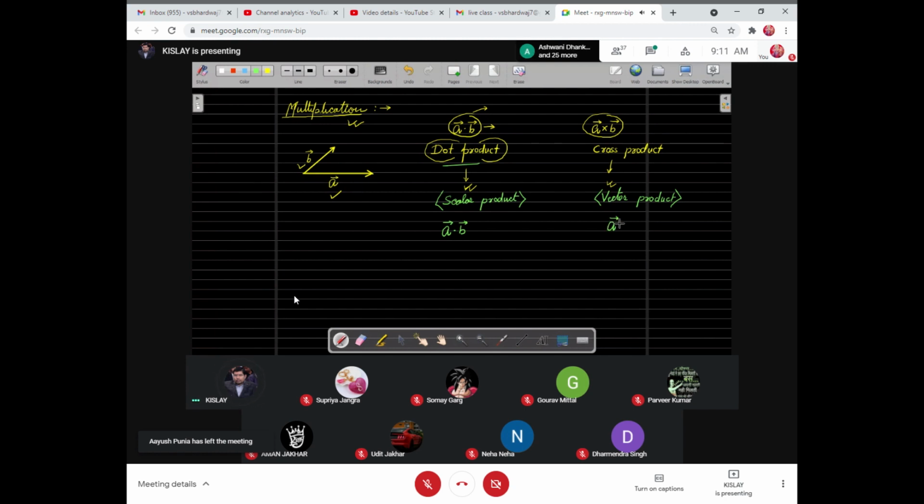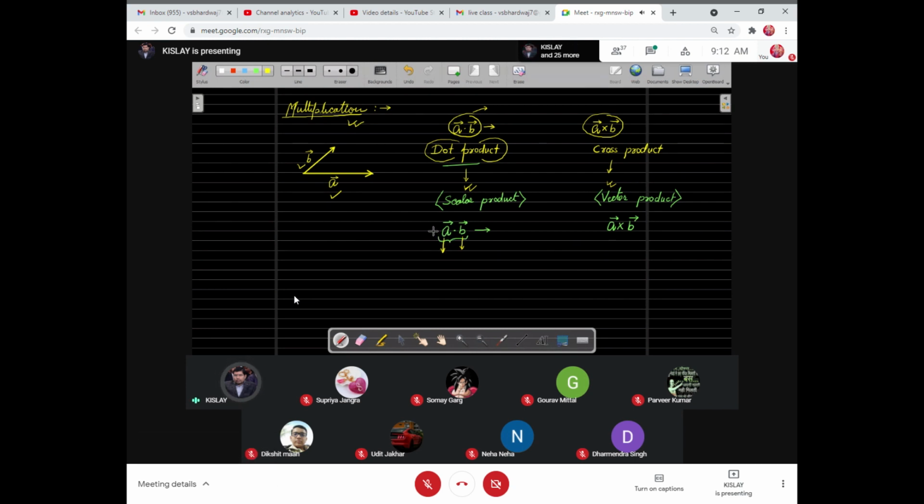If you want to find the dot product of vector A and vector B, then you must put a dot in between vector A and B. Similarly, if you want to find the cross product, then A and you have to put cross B. Both have different meanings. आप ध्यान रखेंगे, in multiplication we are simply using dot and cross in all the cases, normally in general cases, but in case of vectors both have different meanings, so you must keep in mind.